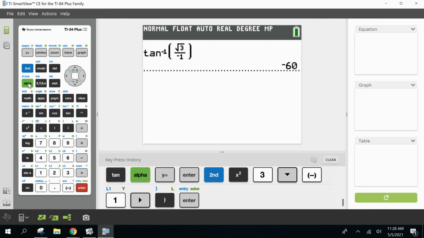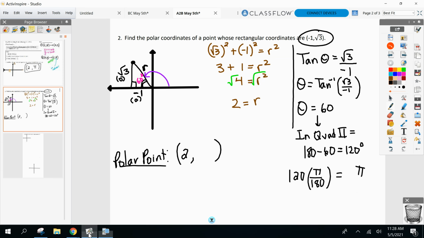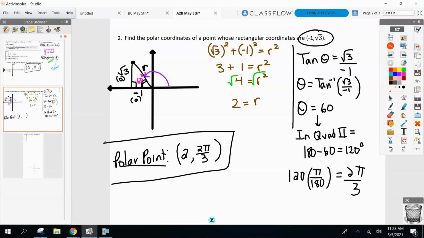Just go back to your calcs, little fraction template, 120 over 180, 2/3, so 2 pi over 3. There you go, R value positive, angle in radians. So there's your polar point for -1 radical 3, 2 pi over 3.